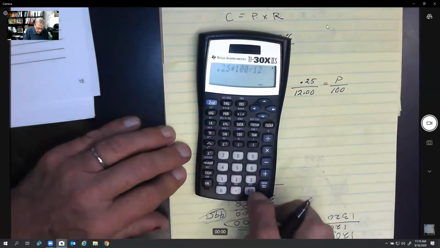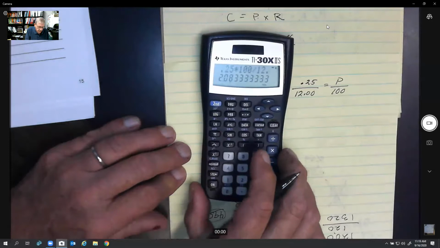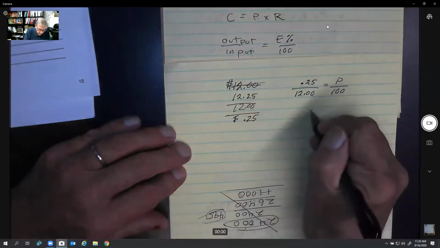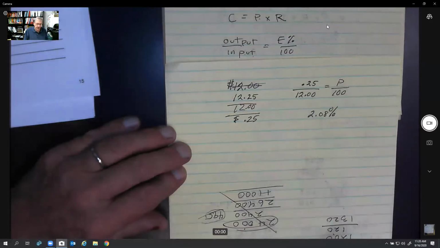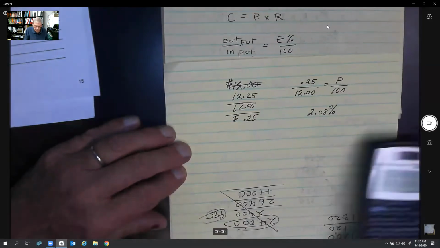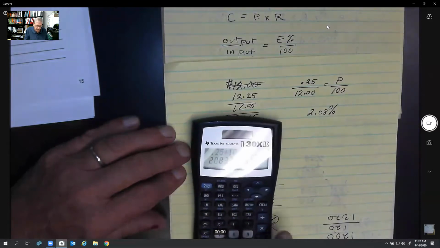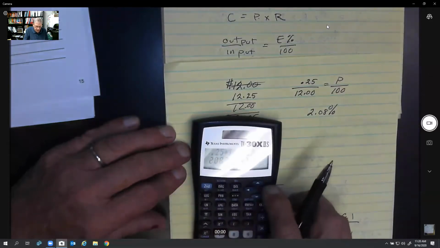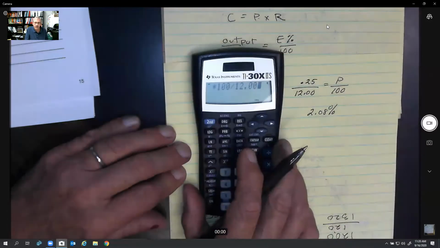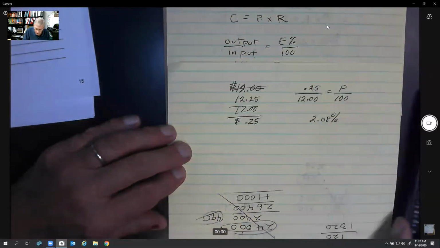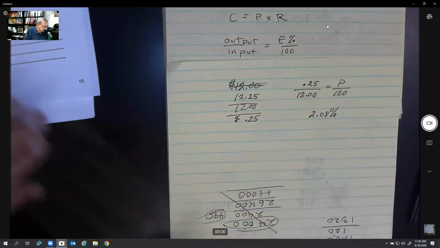Equals a 2% raise. You thought you were getting an automatic raise, but that was a 2.08% raise. Let me make sure I got it written down right. 0.25 times 100 divided by 12. Yes, about a 2% raise. Not a whole lot to get excited about, huh? But they made it sound like a big deal.